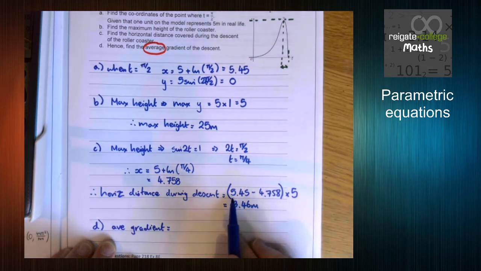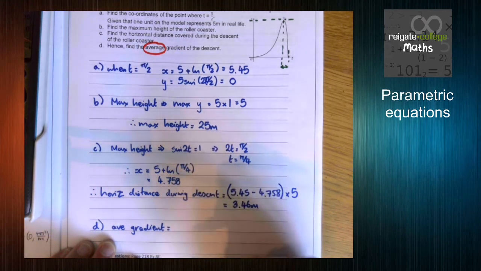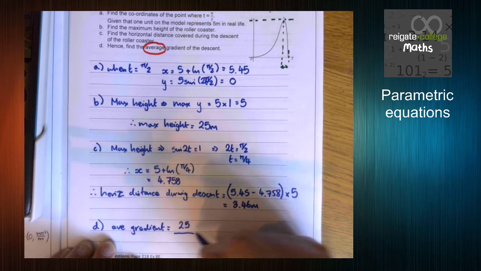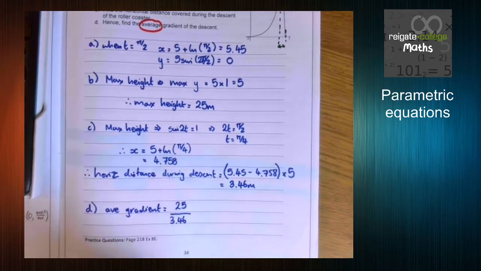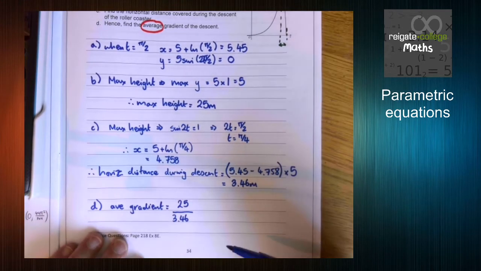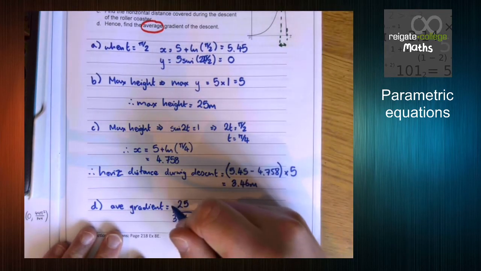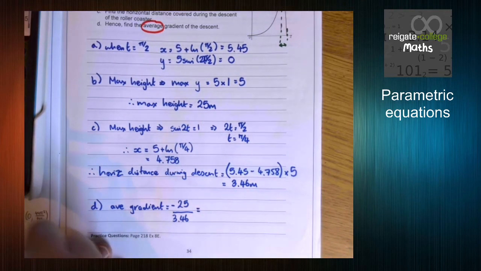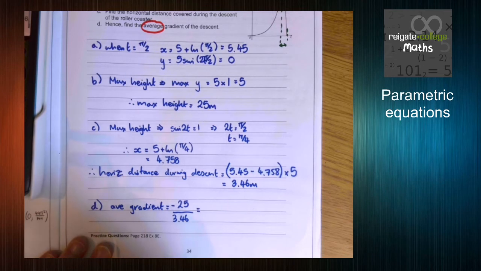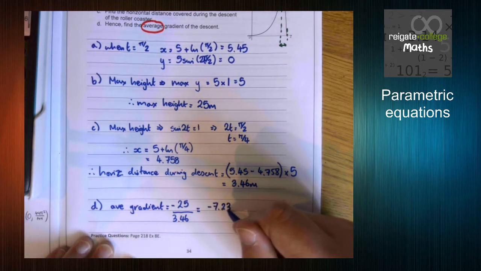Because I didn't work out this x bit specifically, I'm going to have to use this 25 over 3.46. Now again, very easy mistake to make here. This looks fine, change in y over change in x, sorted, but we're going down. So it needs to be minus. Whack that in our calculator, and we get minus 7.23.